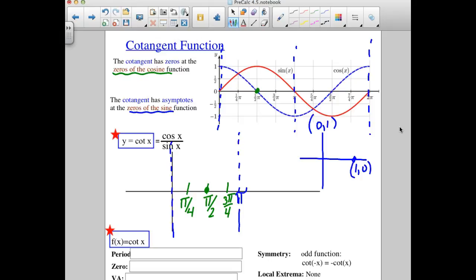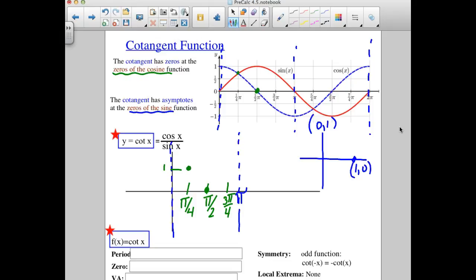It's 1. If you look at your picture up here, at pi over 4, your sine and cosine are the same, right? The two graphs are in the same spot. So if you take cosine divided by sine and they're the same values, you get 1. So at pi over 4, my cotangent is 1.